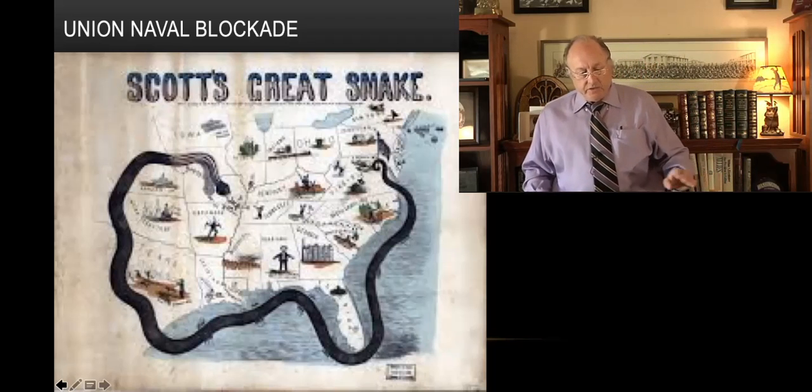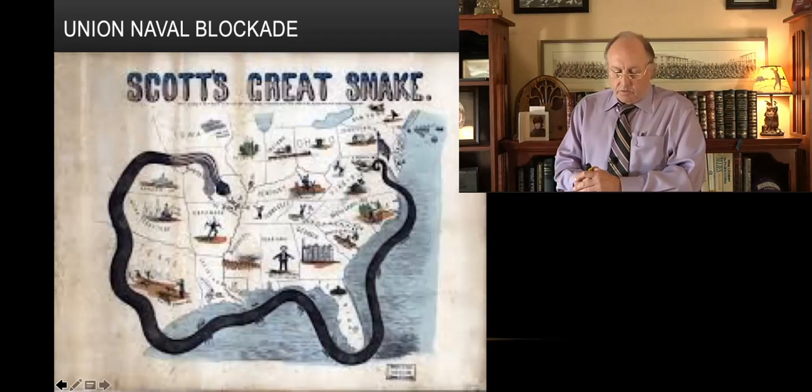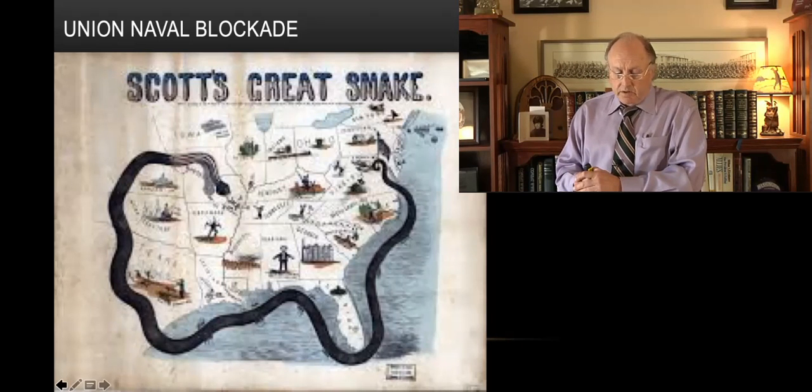By March 1863, now we're jumping ahead into the middle years of the war, the Southern economy was beginning to suffer from this blockade. They were unable to sell much cotton overseas. And so the Southerners began to print money to pay their bills. And now inflation was devouring Southern wealth.